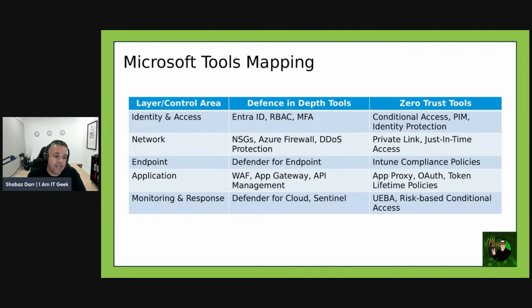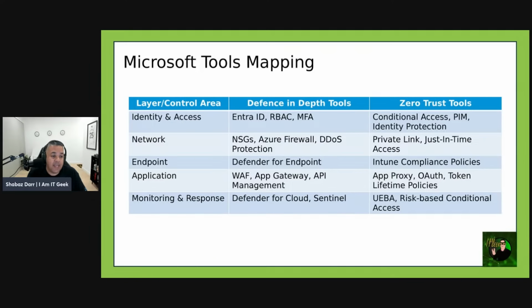So again, from a layer control area, we're talking about identity. We've got Entra ID, RBAC, and MFA. Zero trust tools, we've got conditional access, PIM, identity protection. From a network perspective, defense in depth tools, I think I've mentioned NSGs, Azure Firewall, DDoS protection, things like that. From a zero trust perspective, we've got Private Link and just-in-time access as well.